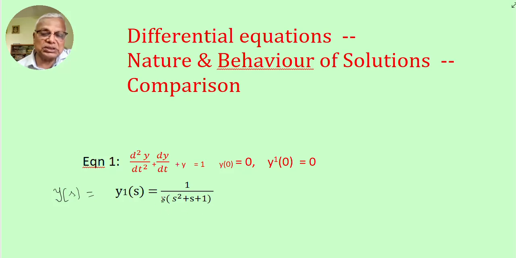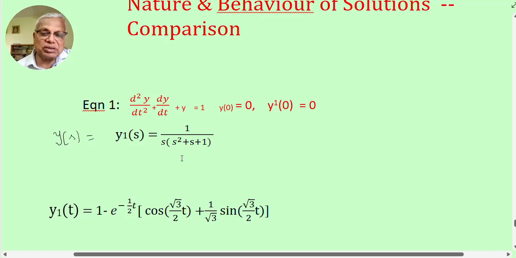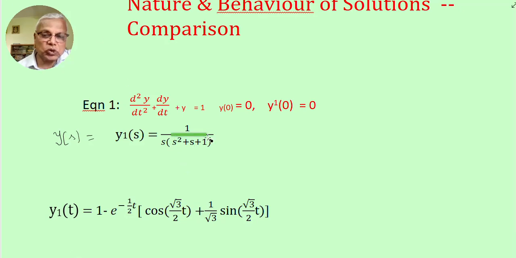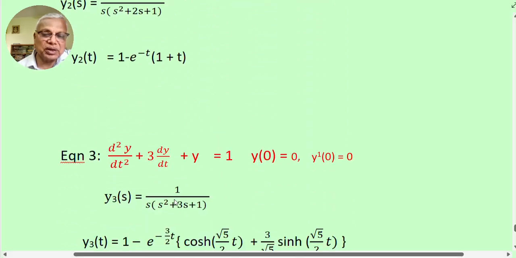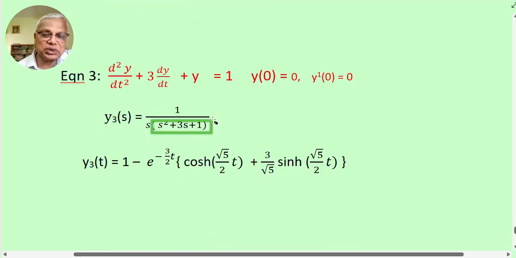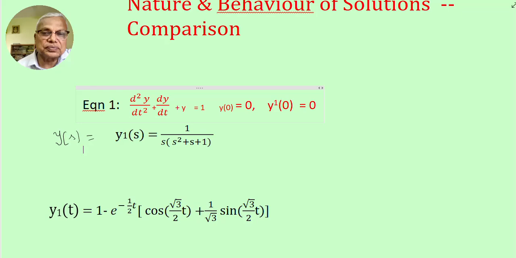Let us leave out this s right now and concentrate on the quadratic term. You have s square plus s plus 1 here, here s square plus 2s plus 1, and here s square plus 3s plus 1.